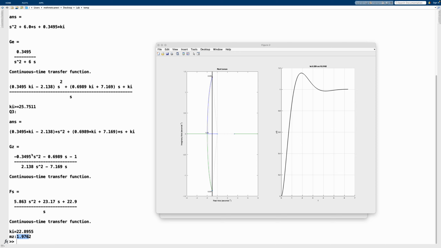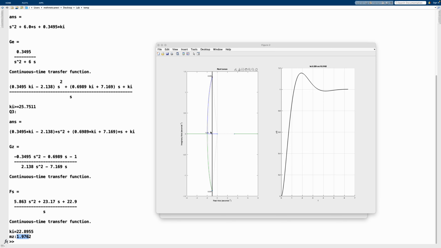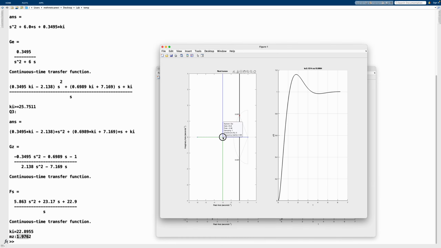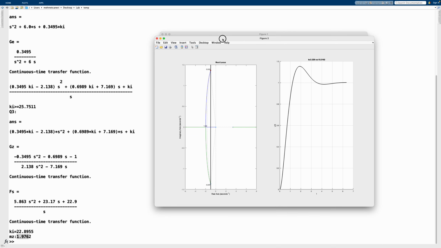We were talking about the dominance factor 3 here, which we didn't point out, but we know that it is 3 because of the fact that we ended up on this point here. So it's 3 times the real value of our desired pole pair. But here we can see it drops down to 1.97.